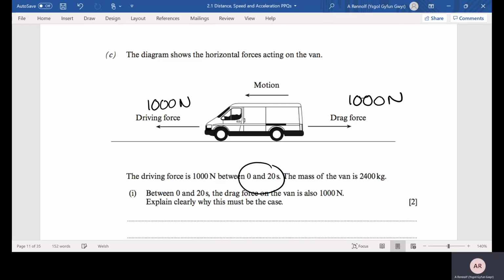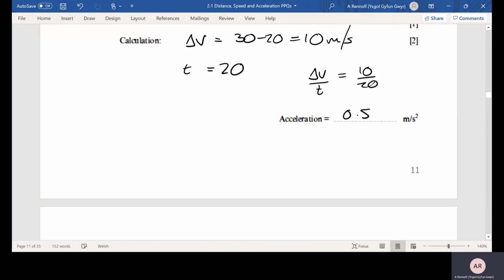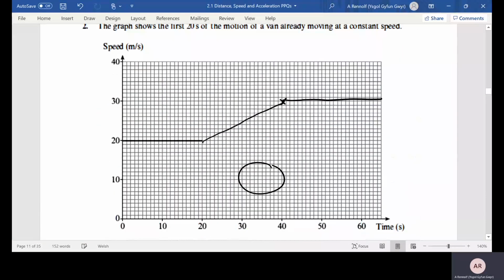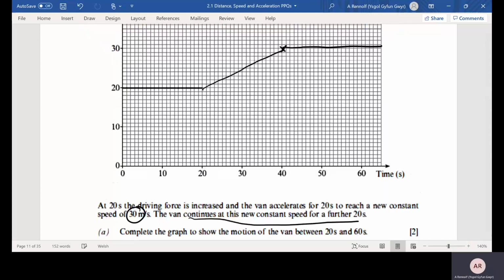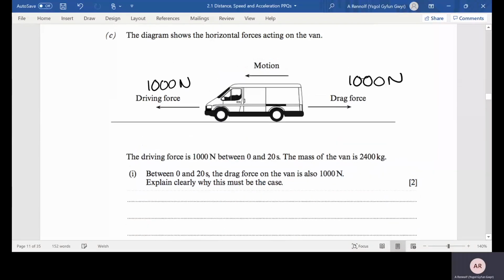Well, let's remind ourselves what's happening between 0 and 20 seconds. Between 0 and 20 seconds, we are moving at a constant speed. And so this question is one that's bringing in Newton's laws. And sometimes we do get crossover between distance, speed, and acceleration questions and Newton's laws.